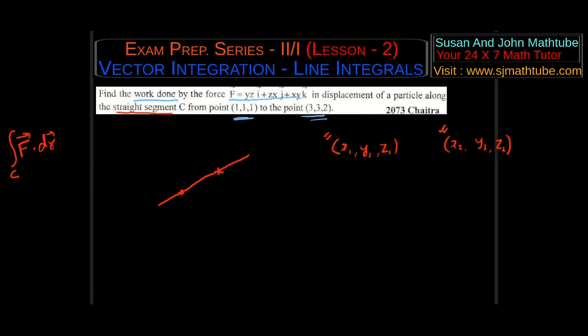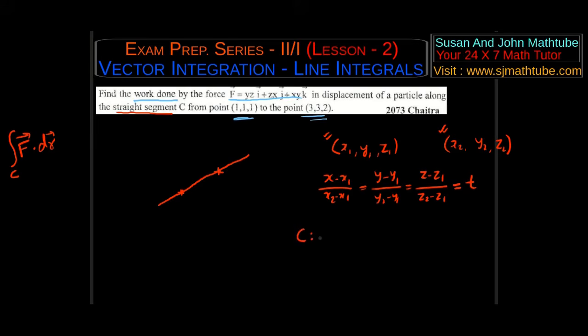So if you're given 2 points in 3-dimensional space, then the equation of that line will be (x minus x1) by (x2 minus x1) is equal to (y minus y1) by (y2 minus y1) equal to (z minus z1) by (z2 minus z1) is equal to t. This is called the symmetric form. You might have learned it in your second semester. Anyway, let's apply this formula and find C.